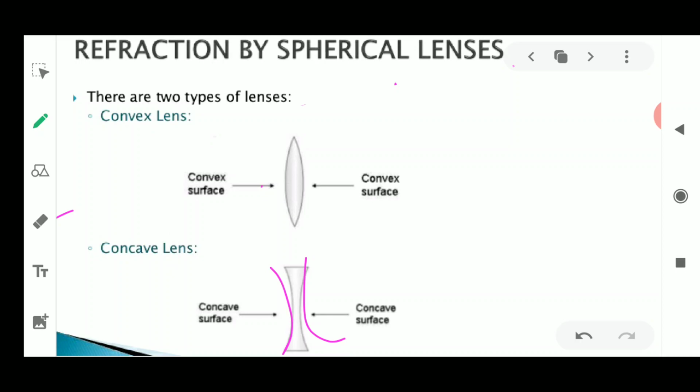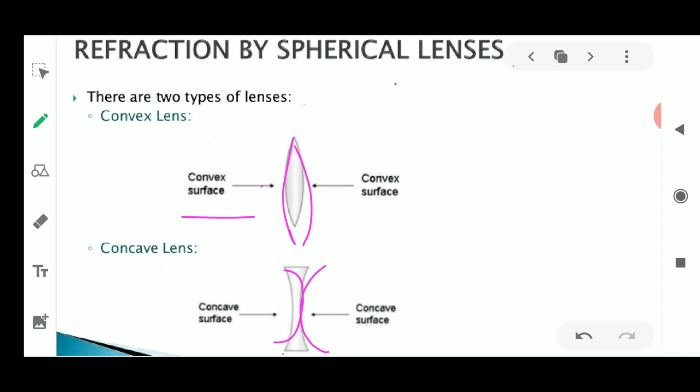Last time we saw the mirrors are of two types. The convex mirror was having the bulging surface of reflection, and the next one was a concave mirror where the reflecting surface was curved inwards. Similarly, here in the lenses, the convex surface is the refracting one, okay. In this concave lens, the concave surface is the refracting surface.